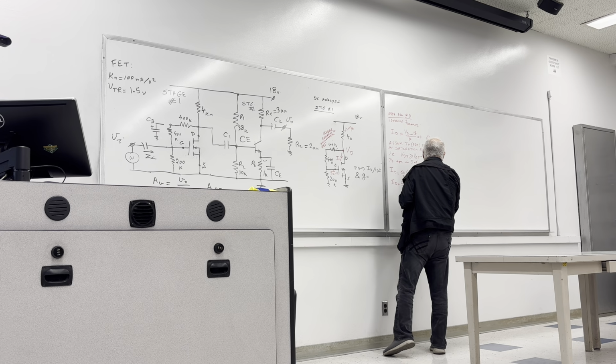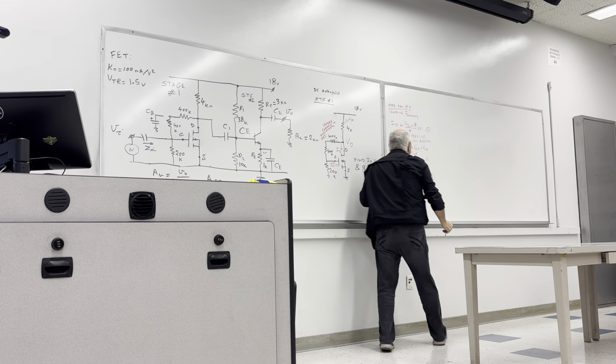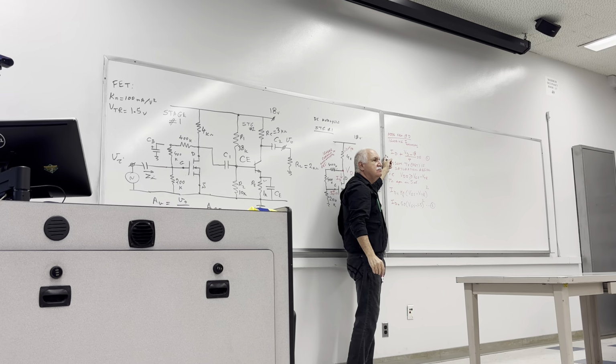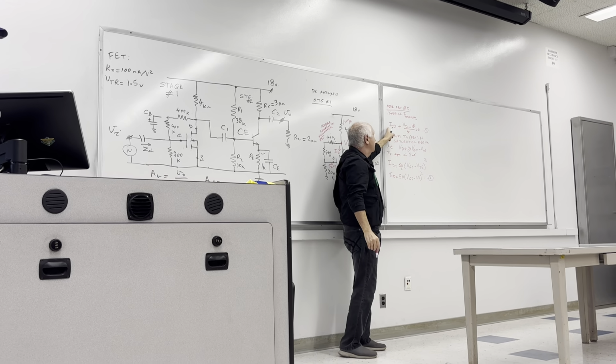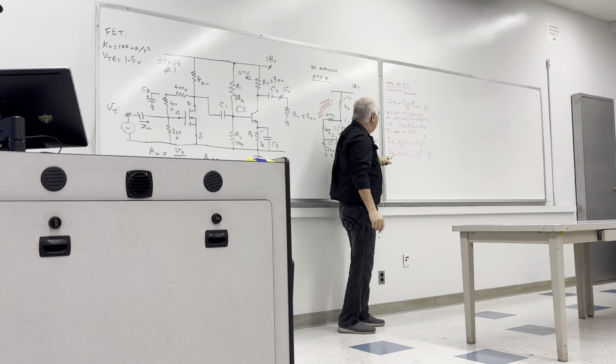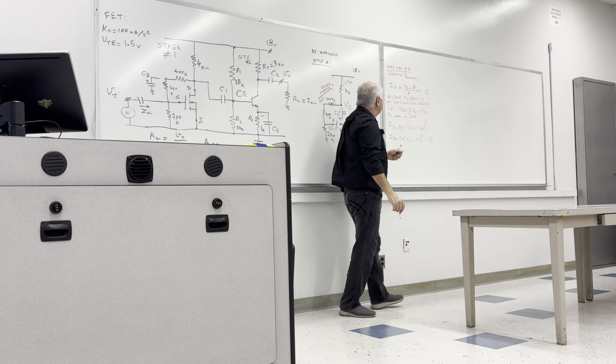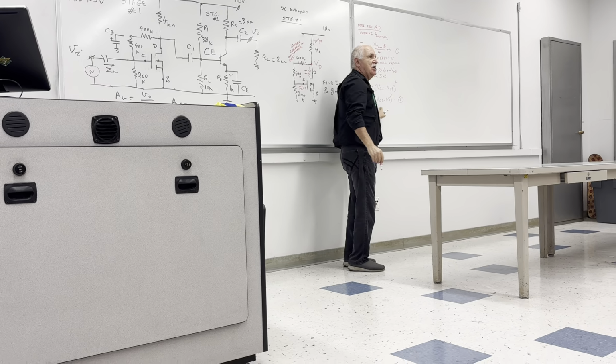Equation 2. So you have now two equations, ID and VD, and then ID and VGS, but there is a link between VD and the VGS.